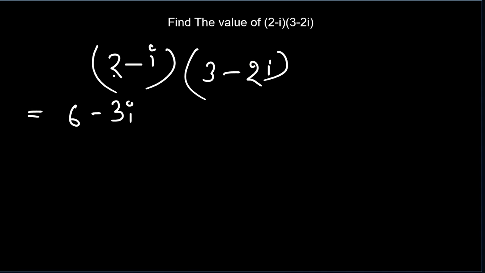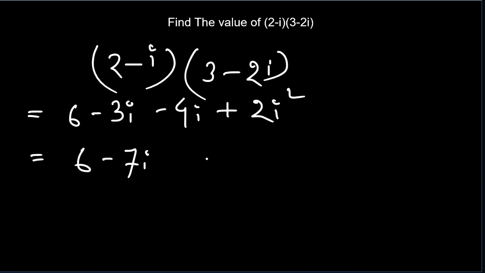So minus 2i into 2 equals minus 4i. Here minus into minus equals plus, and 2i squared. So 6 minus 3i minus 4i equals minus 7i. Here plus 2i squared, and i squared equals minus 1.